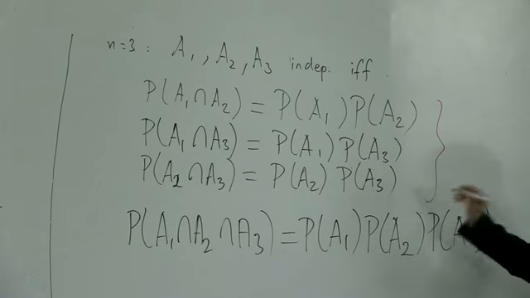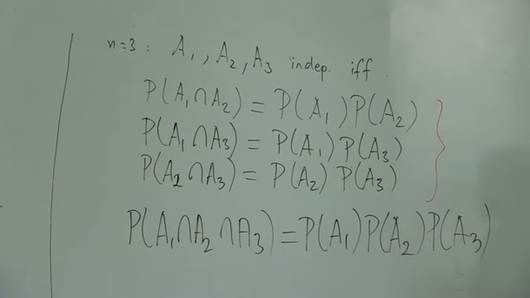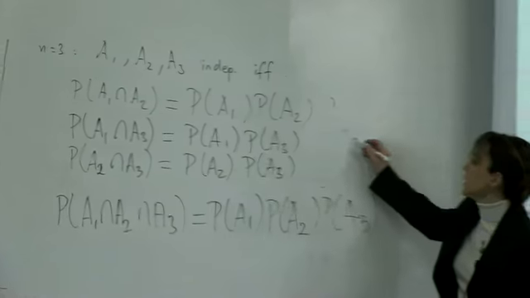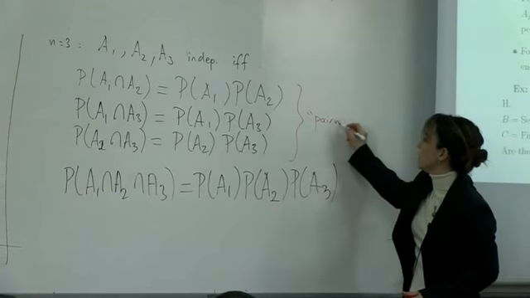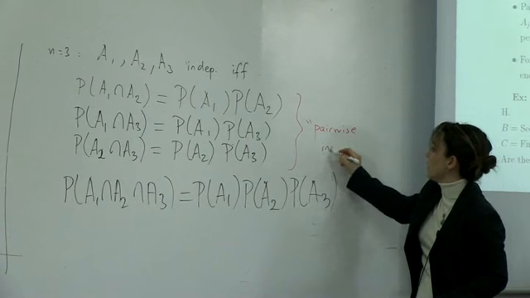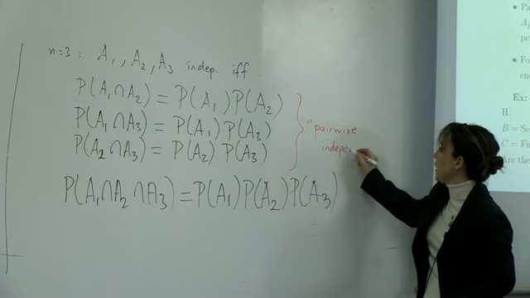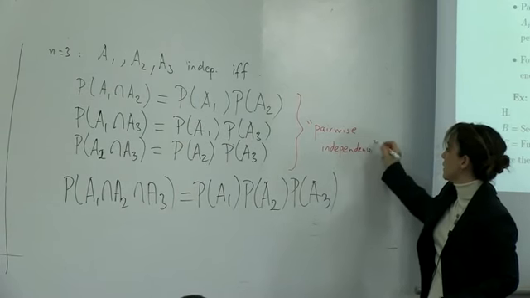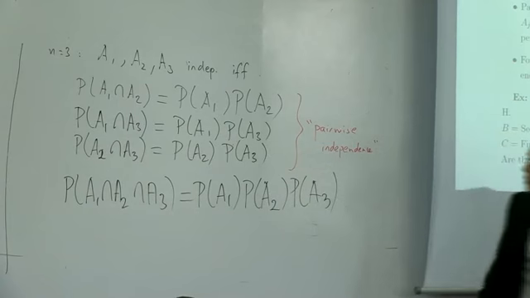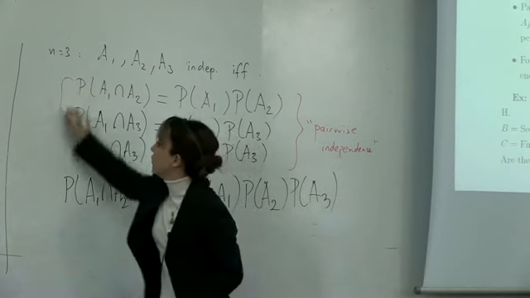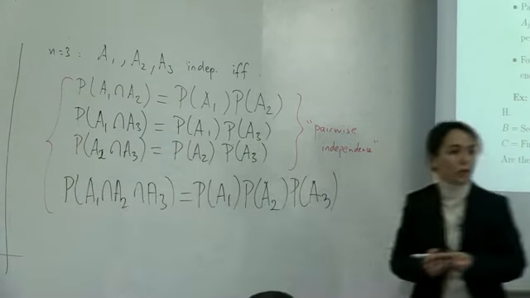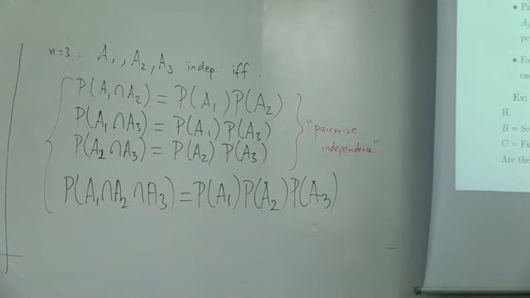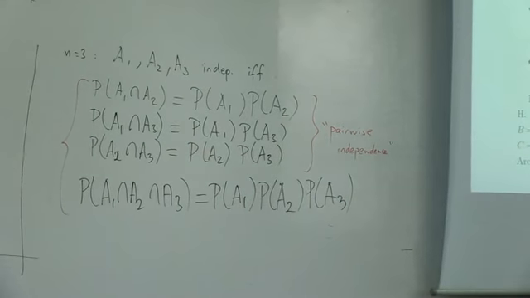If only the first 3 are satisfied, these imply that the sets are pairwise independent. These are the conditions for pairwise independence. But for independence as a group, we need all 4 conditions to be satisfied.